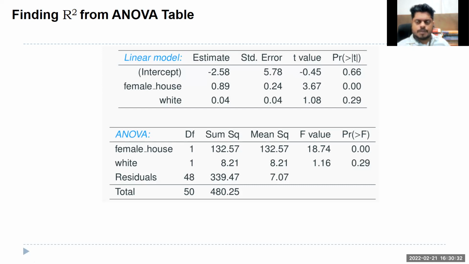R square is nothing but how much variation your model is able to explain: the variation you can explain through that regression model divided by the total variation. So if this is one model which talks about how many female households there are and whether the household person is white, and we want to predict something, let's say the price of the house, and this model has been created.